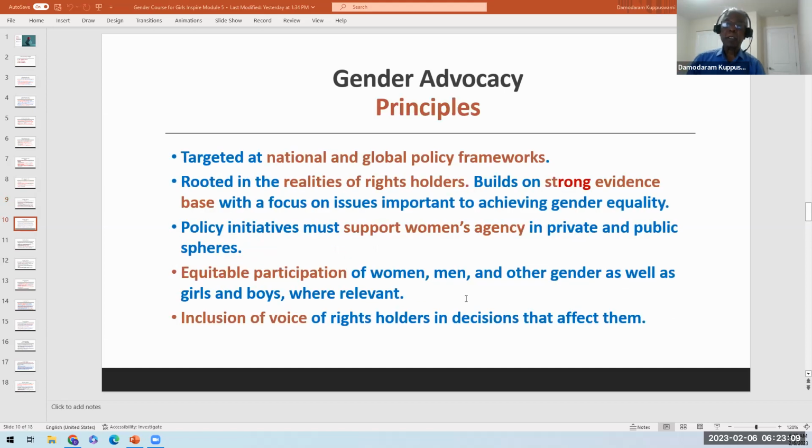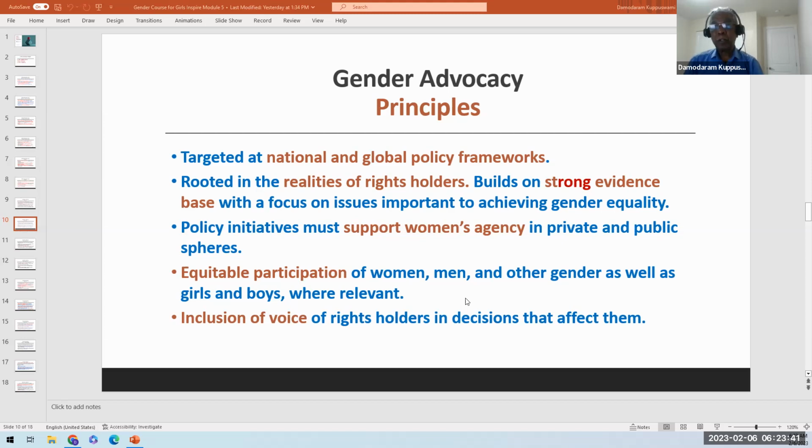What principles must gender advocacy have? Certainly, it must target the national and global policy frameworks. What are the policies that exist? At the national level you have greater control, which can eventually influence global policies. On gender equality, what exists, what gaps exist, and how do we address those gaps?